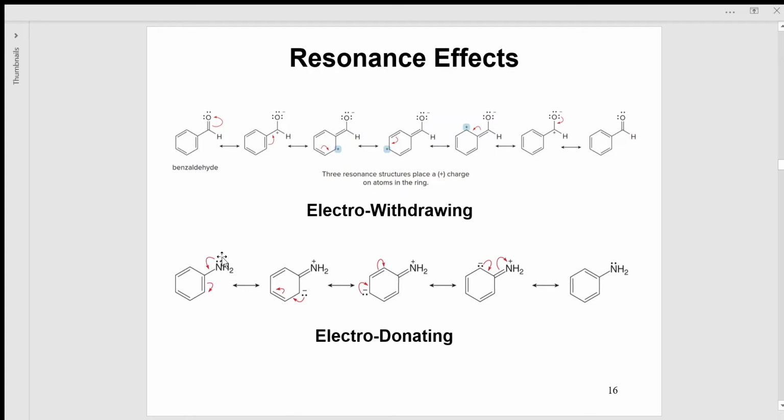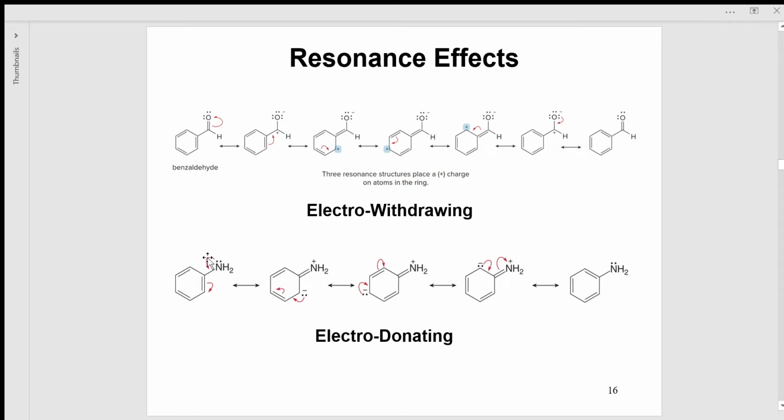Another group, the amine group, NH2. If we draw the resonance structures of an amine attached to the benzene ring, we can have different types of resonance structures. If we check the details, we can see that on this carbon there is a negative charge. Basically, the amine's lone pair of electrons gives its electron density towards the benzene ring.